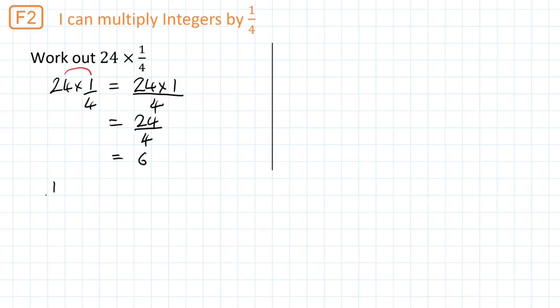Again, it makes absolutely no difference if we multiply them the other way around. So a quarter times 24 is 1 times 24 divided by 4, which is 24 over 4, which is 6.